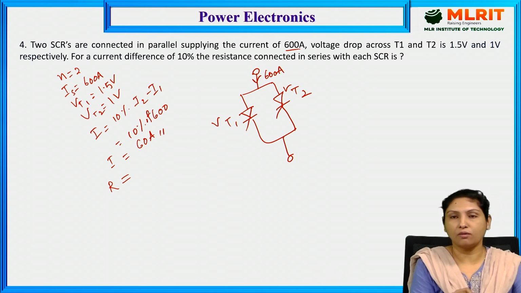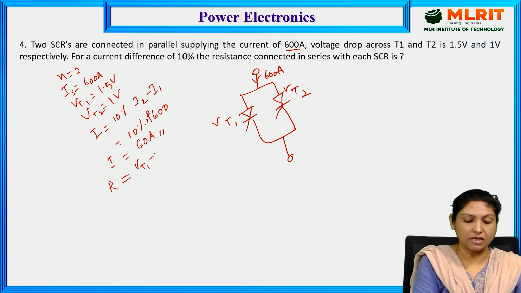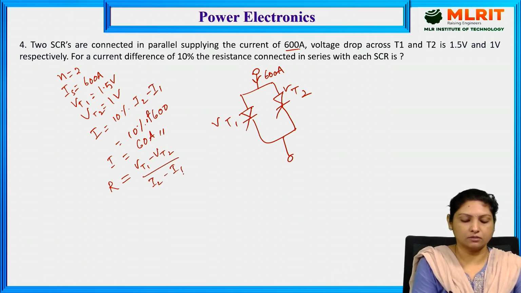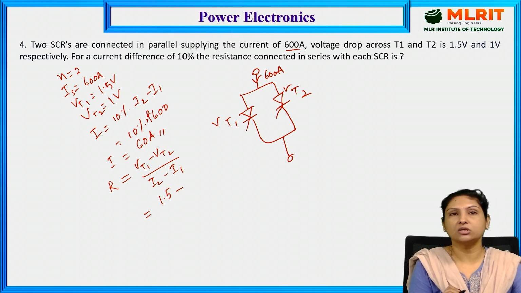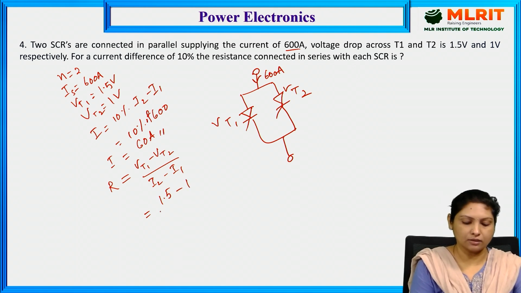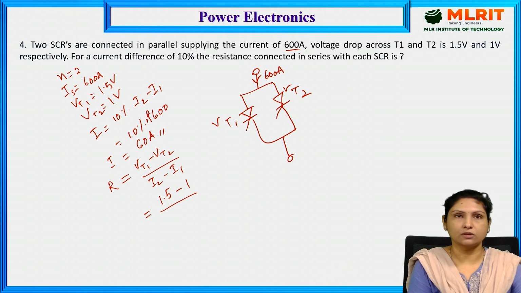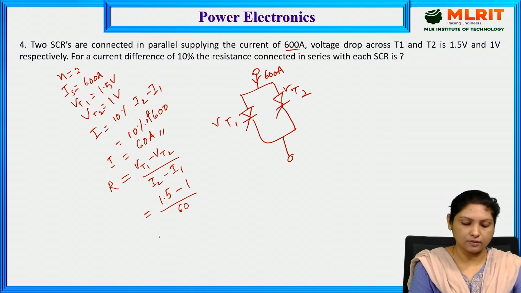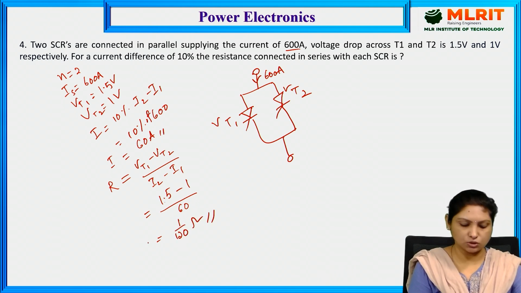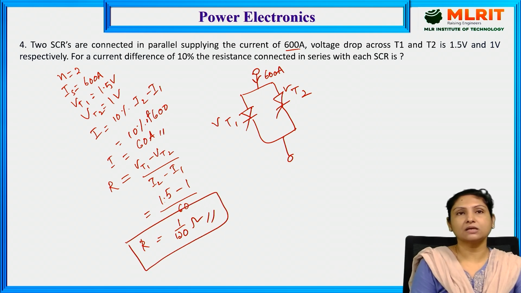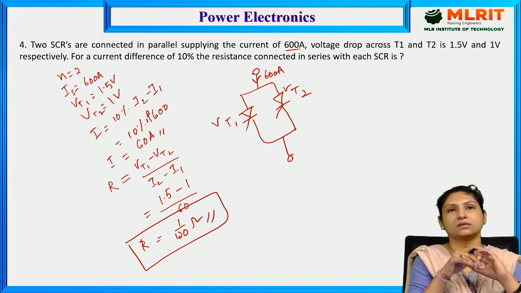It is given by the formula VT1 minus VT2 divided by I2 minus I1, where VT1 is the voltage across thyristor 1, given as 1.5 volts, minus the voltage across thyristor 2, given as 1, divided by I2 minus I1, that is 60 amperes we have got. So we get 0.5 by 60, that is 1 by 120 ohms. This is the value of the resistance which is to be connected in order to balance the current flow. That is the static equalization resistance value.